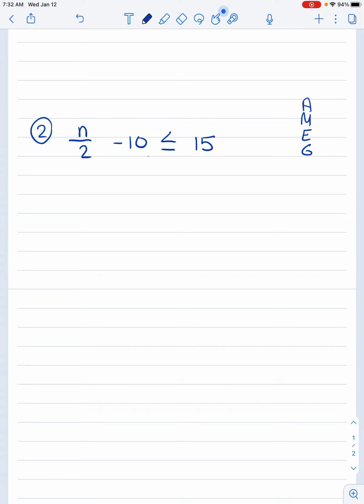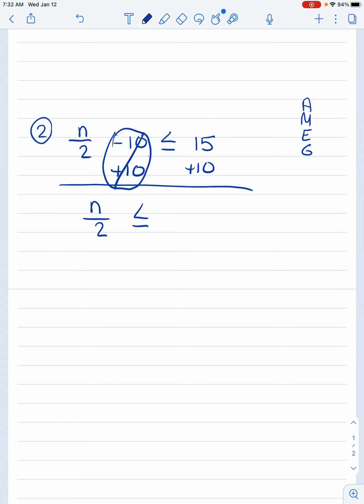Well, I'm subtracting 10, so I need to get rid of that because it's just a distraction. How am I going to do that? By adding 10 to both sides. This will cancel out, and I am left with n over 2 is less than or equal to 25.